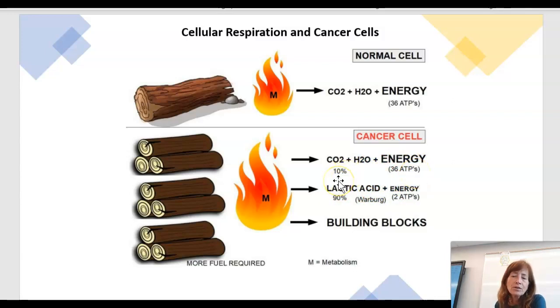So if it's not doing the rest of it because it's getting messed up early in the game, we get a buildup of lactic acid for one thing. And the cancer cell is trying to get as much energy as it can, so it consumes far more energy than the normal cell.